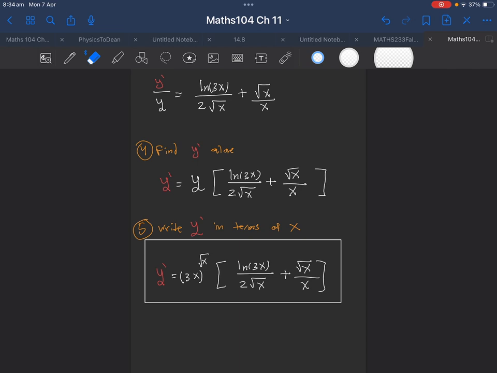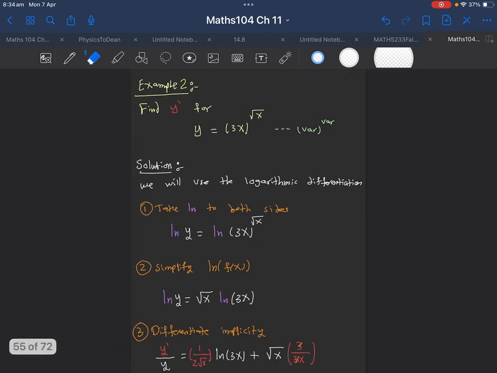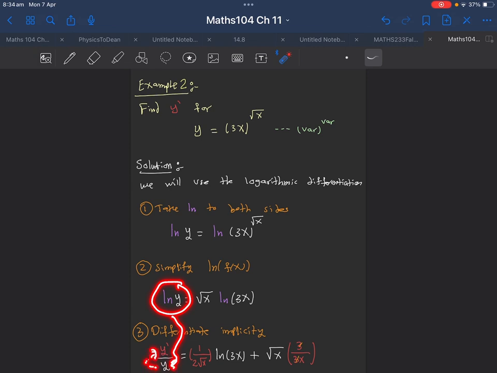So if you can recall, it is the same steps we did before. We take the ln on both sides, and then we use the properties of the ln to drop the power. So we keep the power here. Next, we differentiate. What's the derivative of ln y? You write y, and then you write the derivative of y in the numerator. And here we have to use the product rule because we have two functions, square root and ln. So we take the derivative of first times the second, plus the first times the derivative of the second.